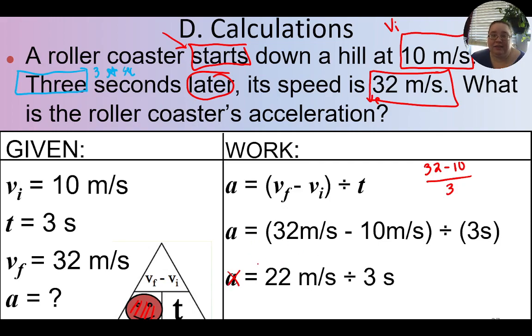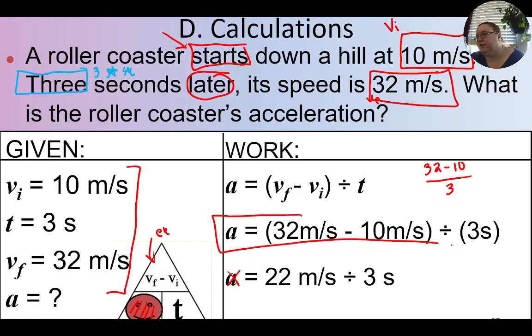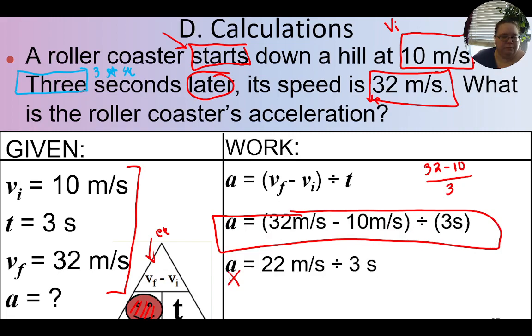You can. You're always welcome to show extra stuff, but at a minimum, I would expect to see for any calculations you're given, your equation, your work, and your answer. Hold on one second as I fix the answer.